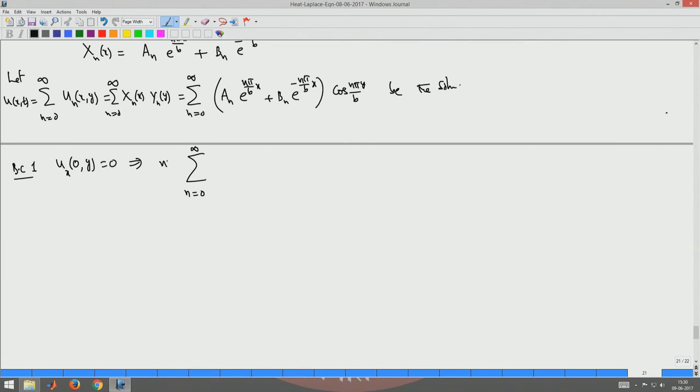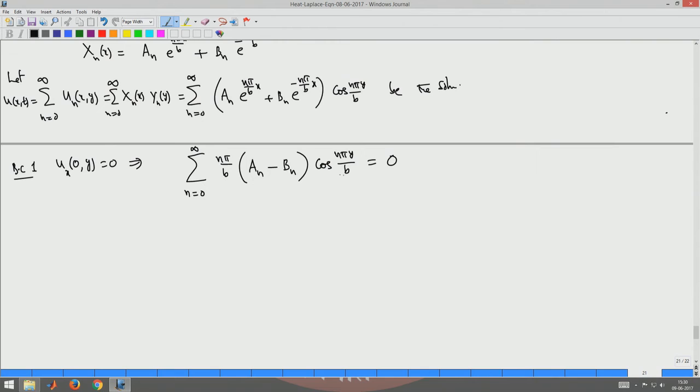You get n pi by b coming out, you have a n e power, and you are putting x equal to 0 after differentiation, so it will be 1. So, you have only a n and this will be minus b n, times cos n pi y by b, equal to 0.